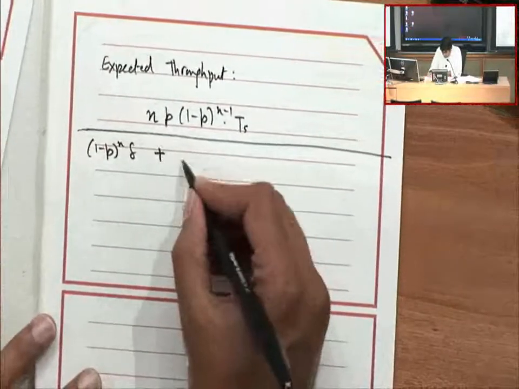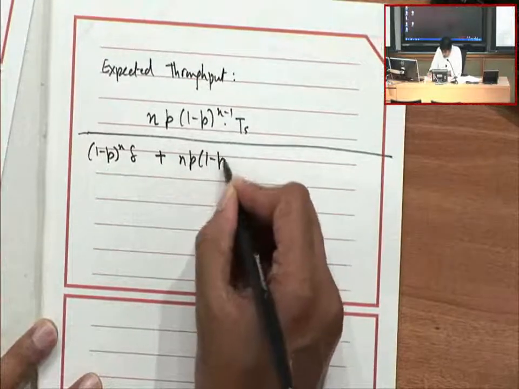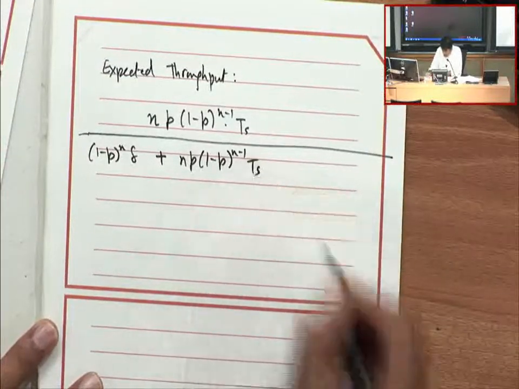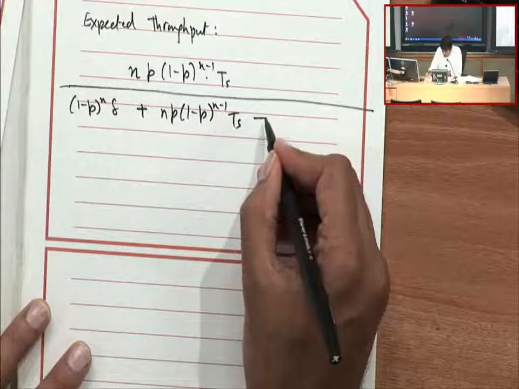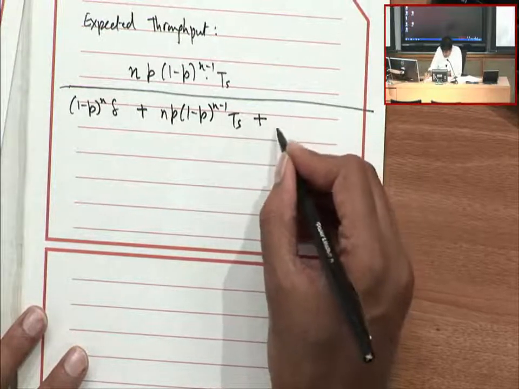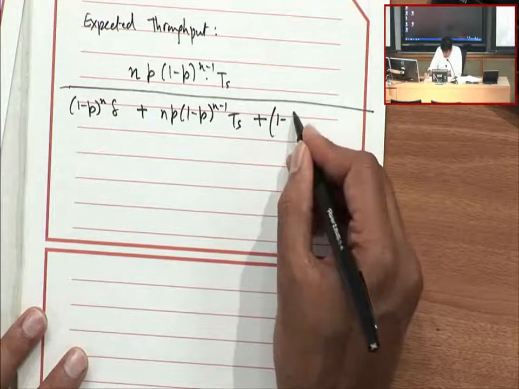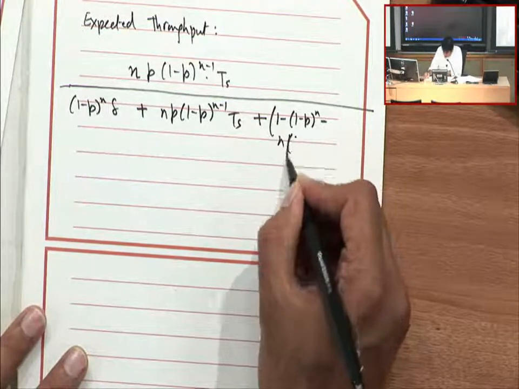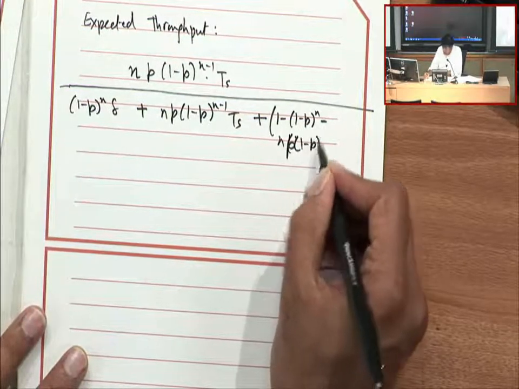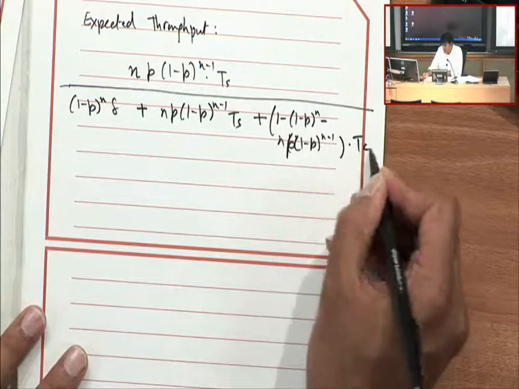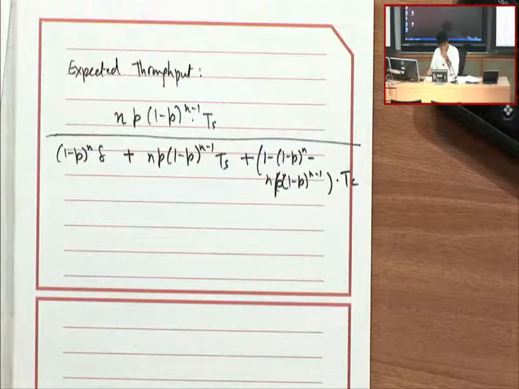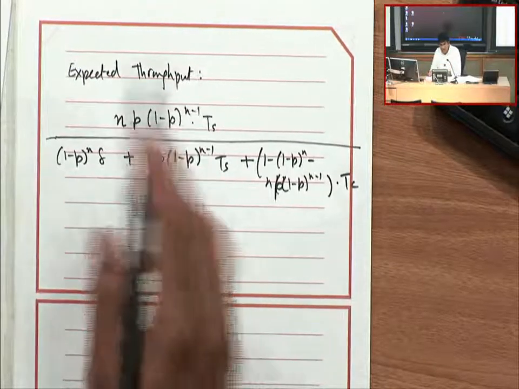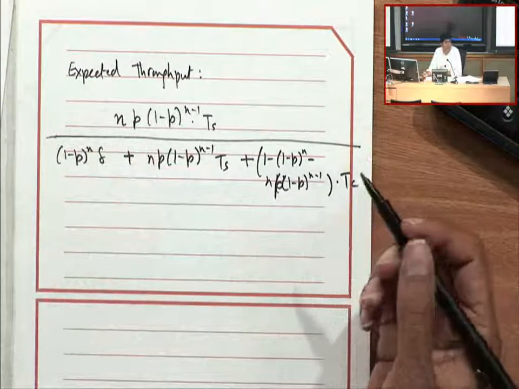It is with probability n times p times 1 minus p to the n minus 1, Ts. And with probability 1 minus p to the n minus n times p times 1 minus p to the n minus 1, it's Tc. Okay. So this whole expression is going to be our expected throughput now.